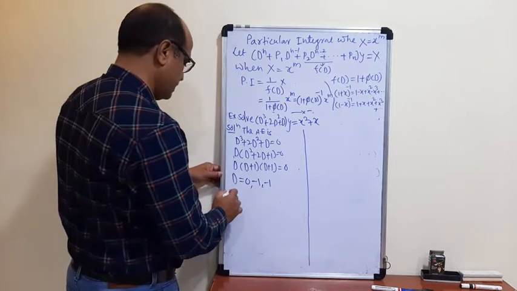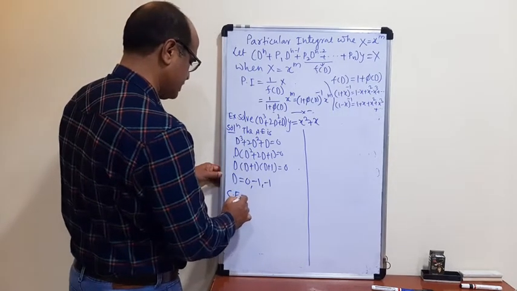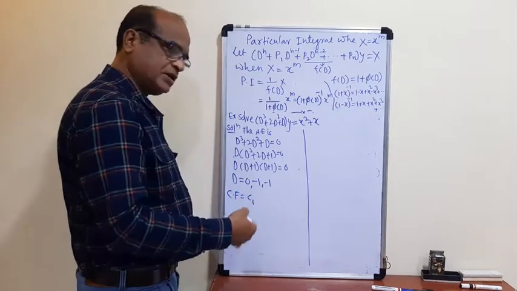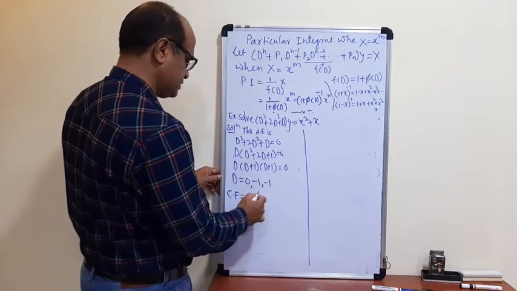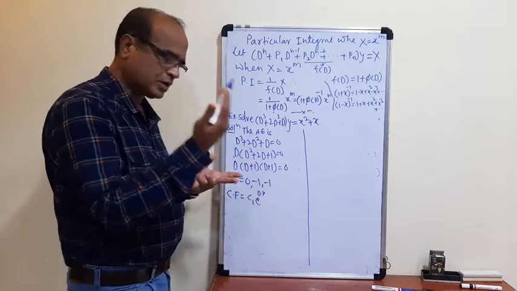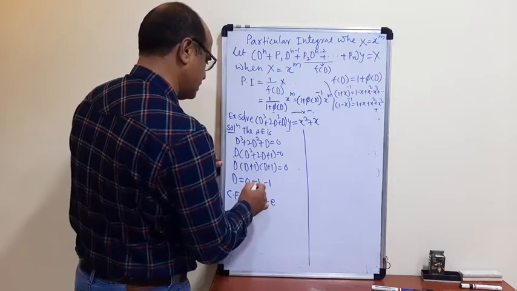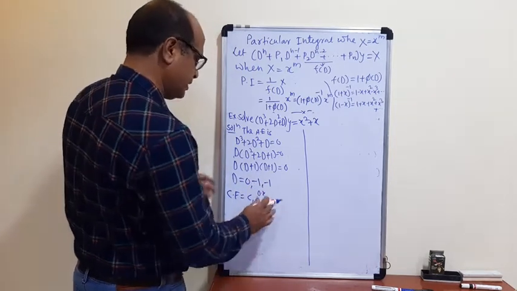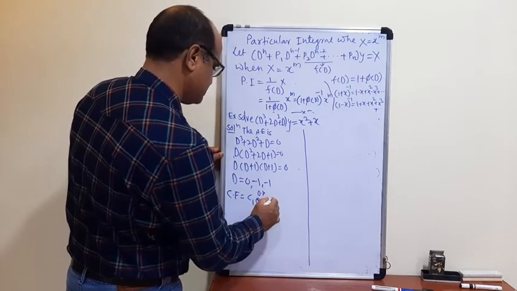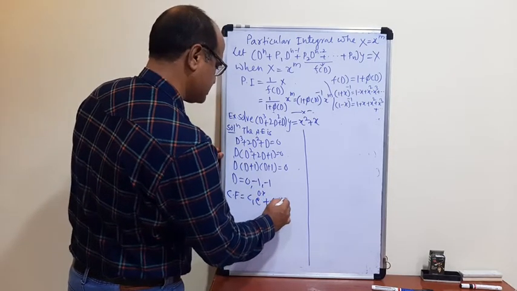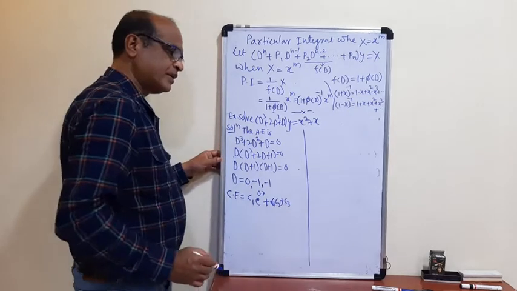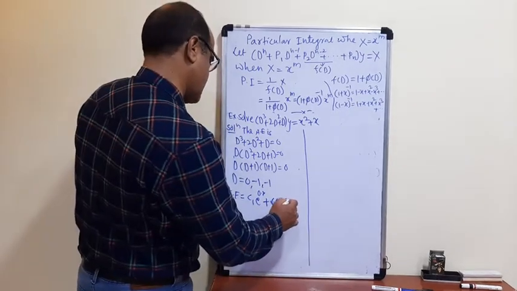So what is the complementary function? CF is equal to C1 e raised to 0 into x, so that is C1, no doubt. And if the roots are repeated, then e raised to minus x into C2 plus C3 x.